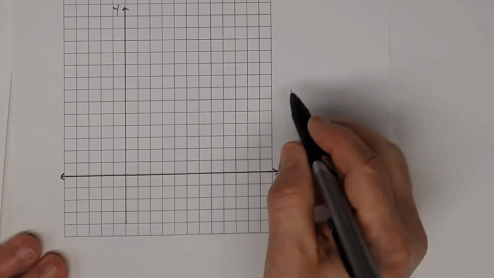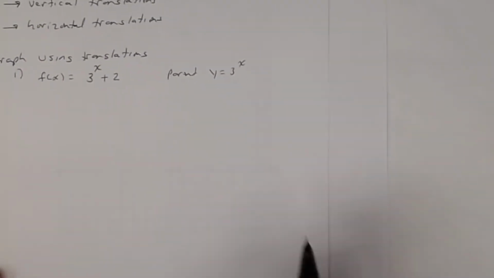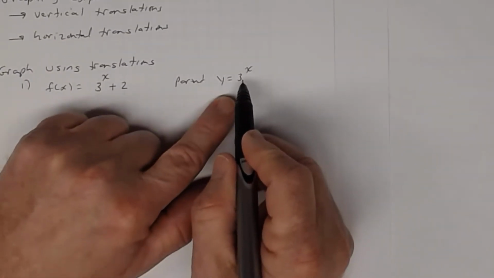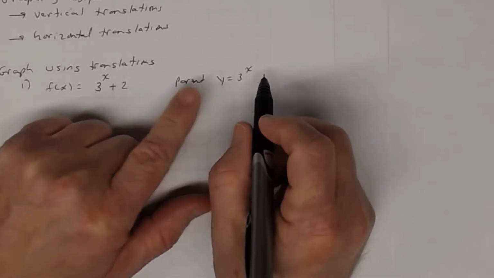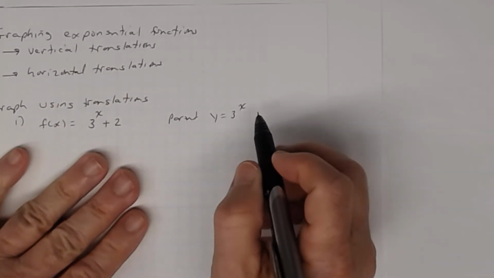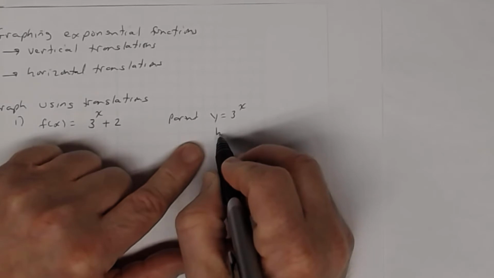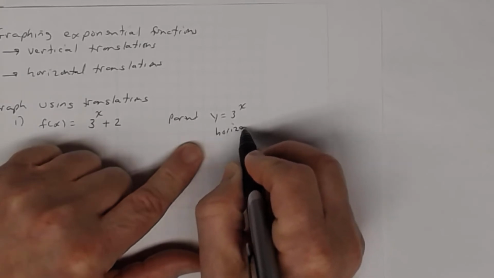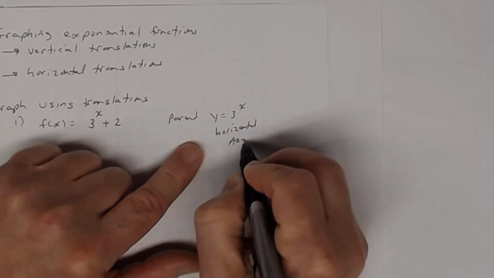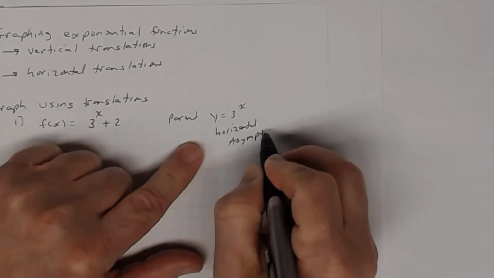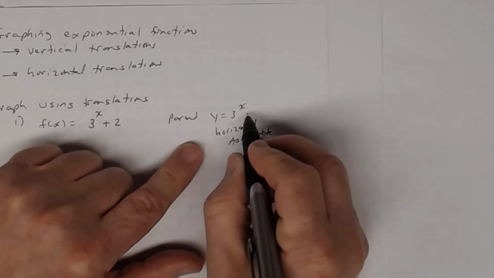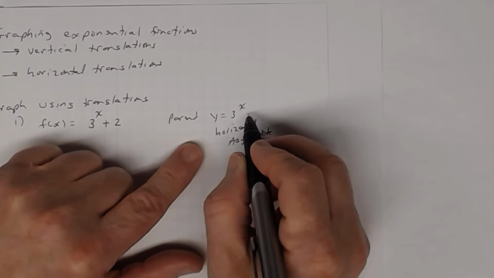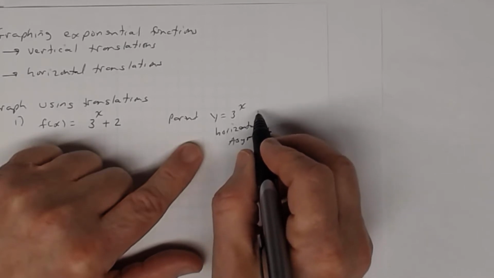So remember, we're graphing y equals 3 to the x, right? Notice that when you graph y equals 3 to the x, remember all exponential functions have a horizontal asymptote. The horizontal asymptote for the parent function here is just the x-axis because there's no constant here. You don't see a plus or a minus c.